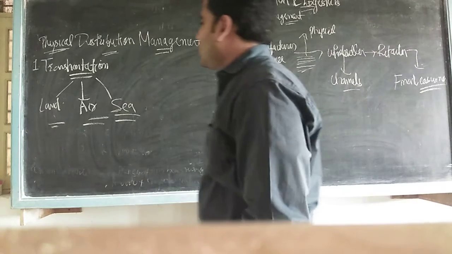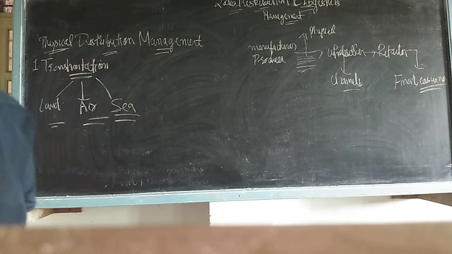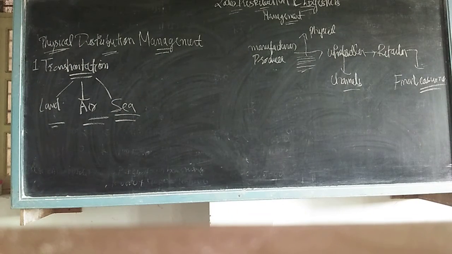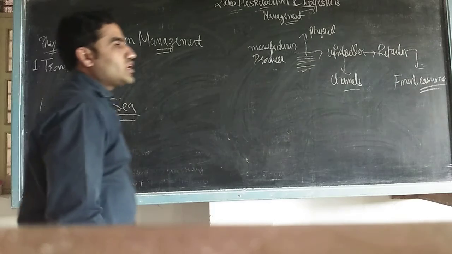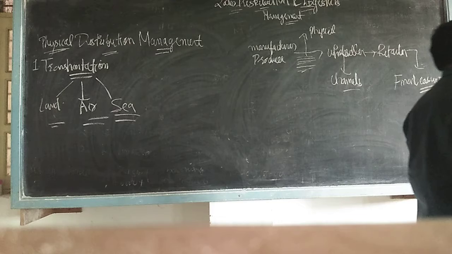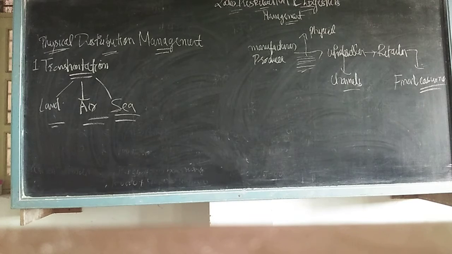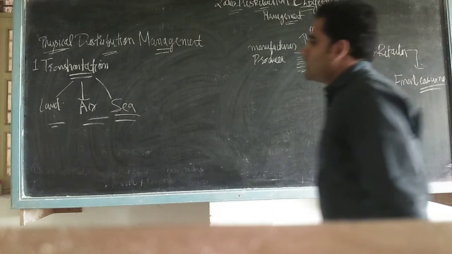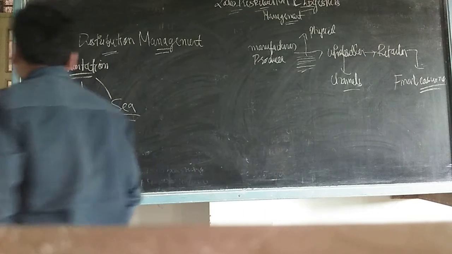Okay, when the roads are utilized or the road network is utilized for transporting the goods from one place to another or from producer to the final consumer, then it is known as land transportation.